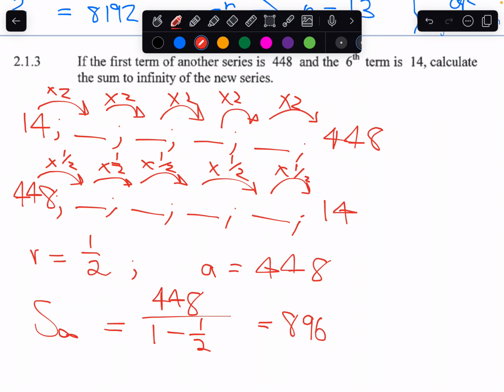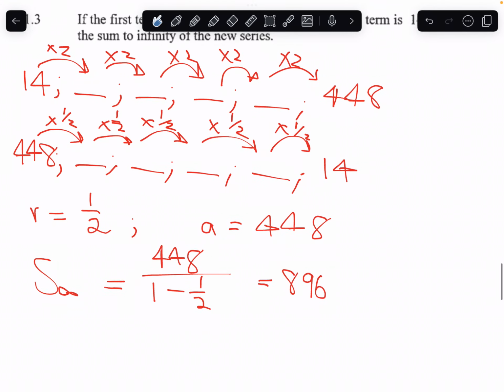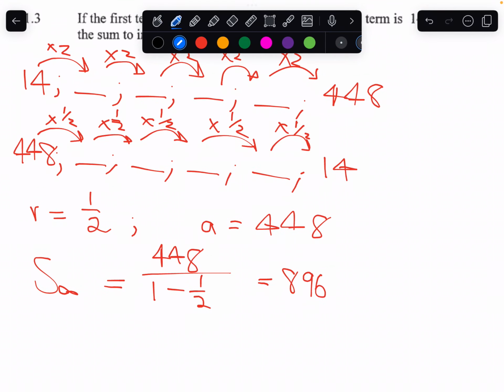So in terms of figuring out what R is for this new sequence, you don't have to reason about it this way. Of course, you could have gone the same route that we did before, where we're told that T1, which is the same as A, is 448, and T6, which is the same as A times R to the 5, is 14.